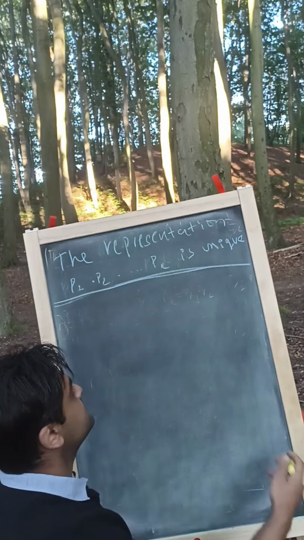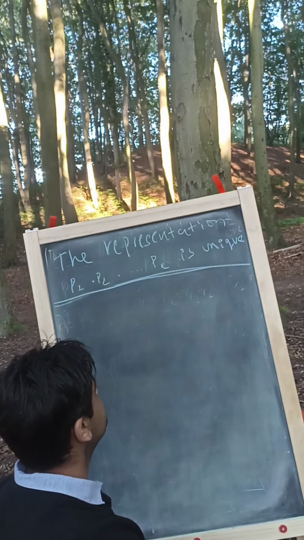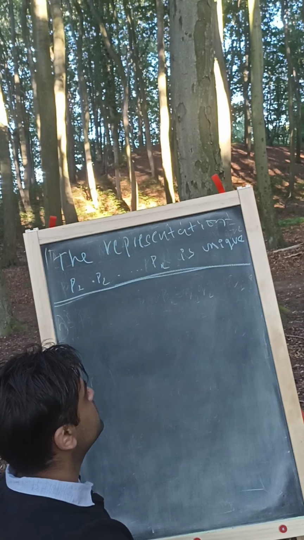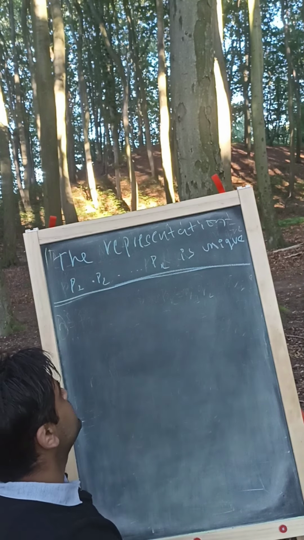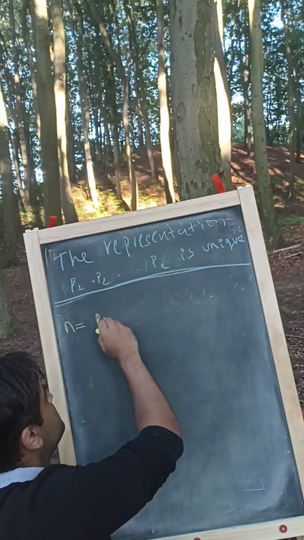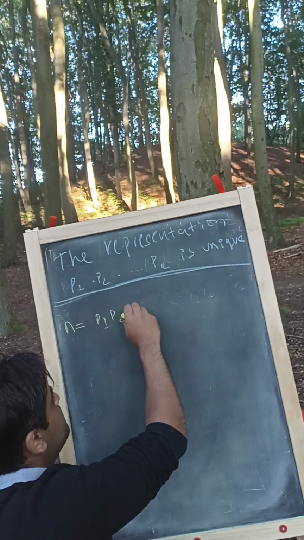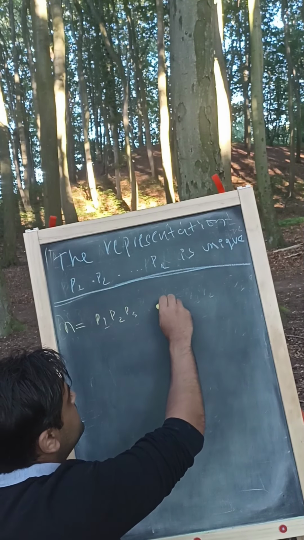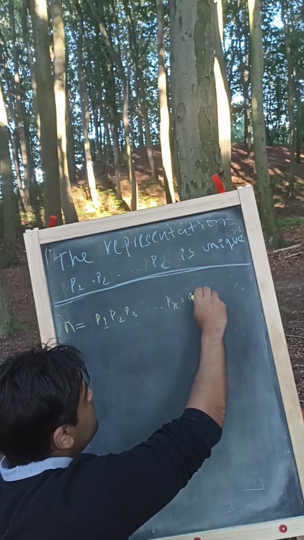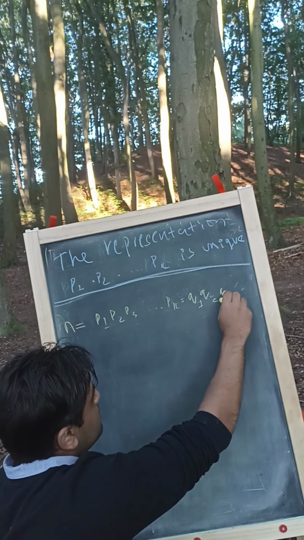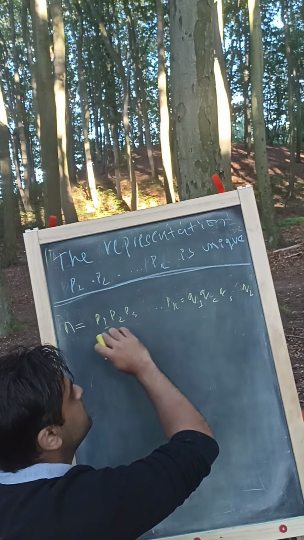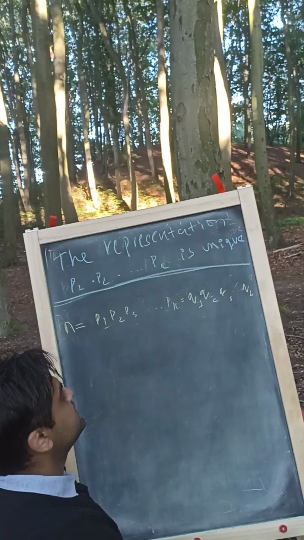We need to now show that this in fact is a unique representation, and we will do that by way of contradiction. So assume it were the case that this were not a unique representation, then we would have that n is equal to P1, P2, P3 all the way up till Pk is equal to Q1, Q2, Q3 all the way up till Ql, where all the P's and all the Q's are distinct.